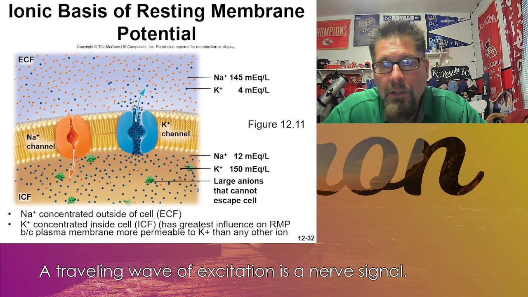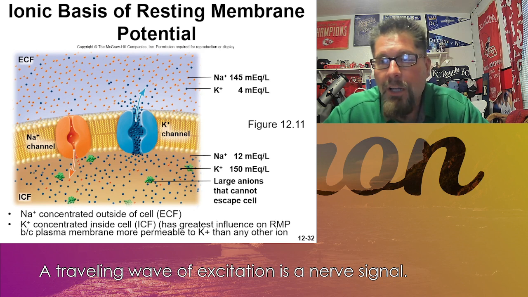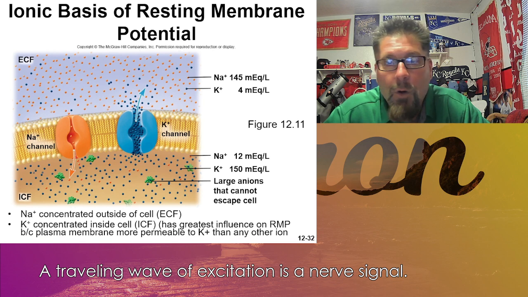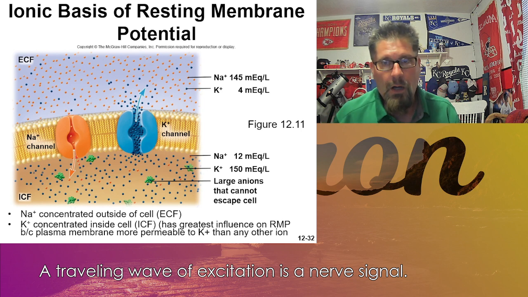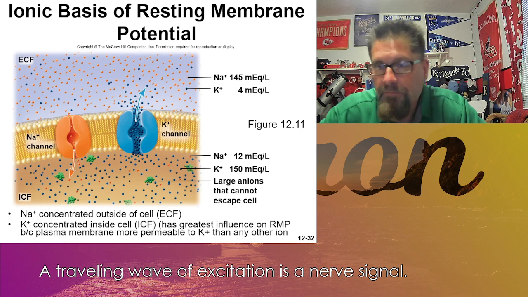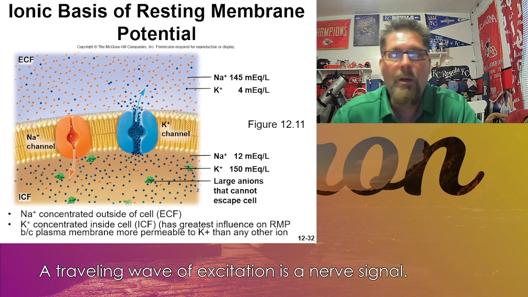Once it reaches that +35 level, the potassium channel opens up, and potassium, which is also positive, begins to leave, which lowers it back down to that -70. Now, what makes it negative in the first place are those little green anions. They are negatively charged, large molecules. They just sit in there, they can't get out, and they make it negative, that -70 number.